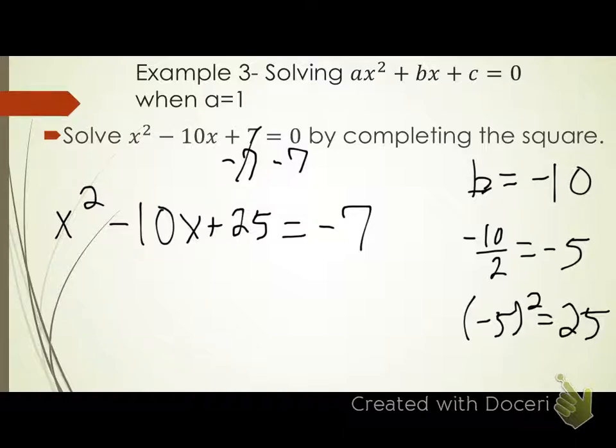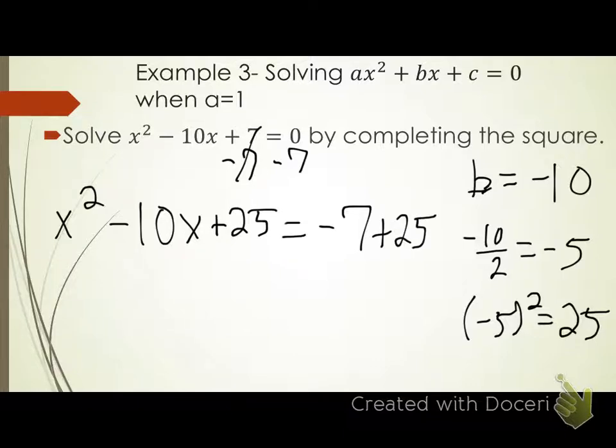So before I add 25, x squared minus 10x is the exact same as negative 7, correct? If I add 25 to this left-hand side, are they equal? No, because I just added 25 to the left side, correct? What do I need to do to keep them equal? Add 25 to the other side.